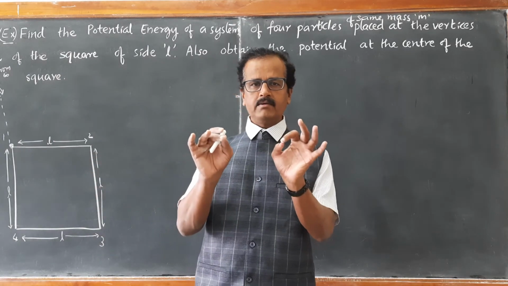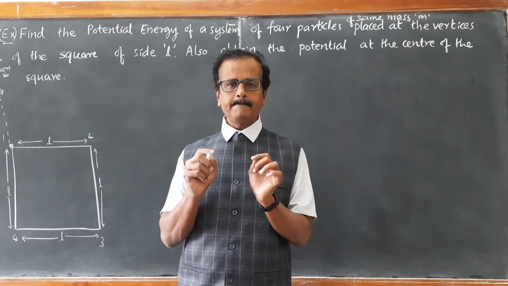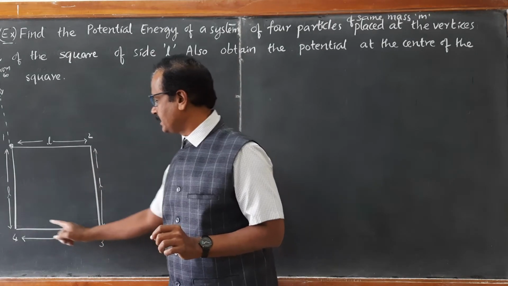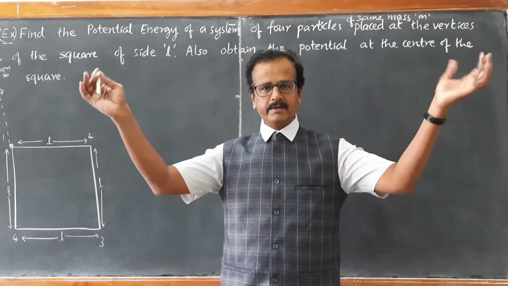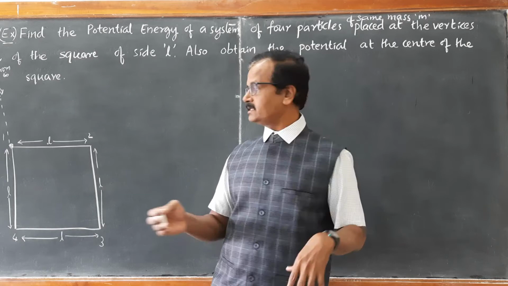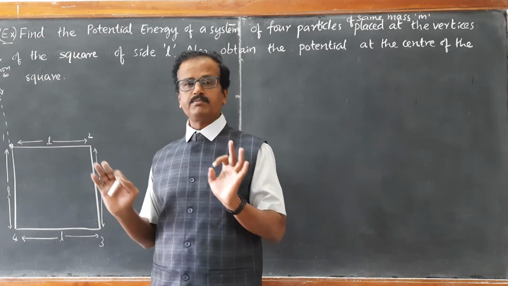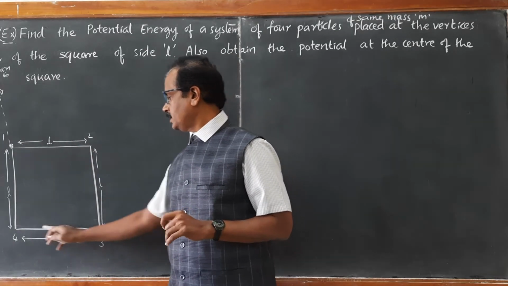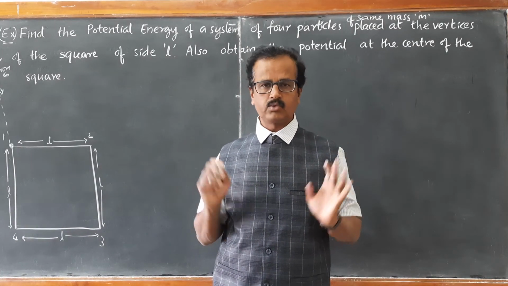We are bringing them one by one: the point mass M here, another one here, and the fourth one here, from infinity, one by one, not immediately. So we will calculate the work done in bringing these point masses one by one from infinity to their respective positions at the 4 vertices of the square, right?